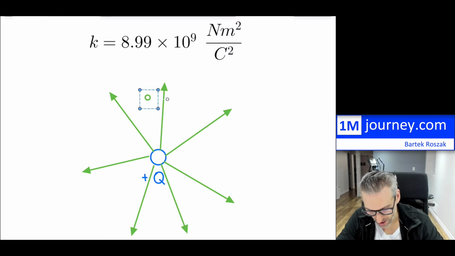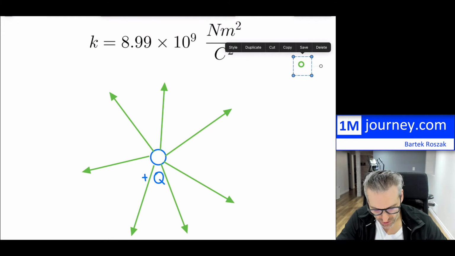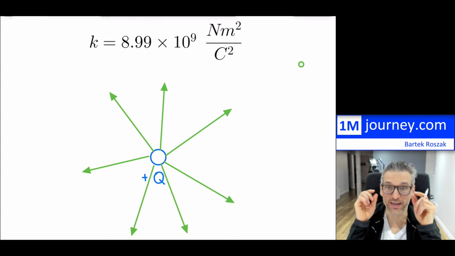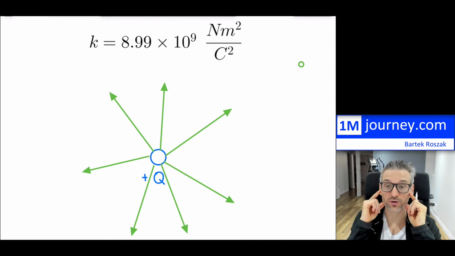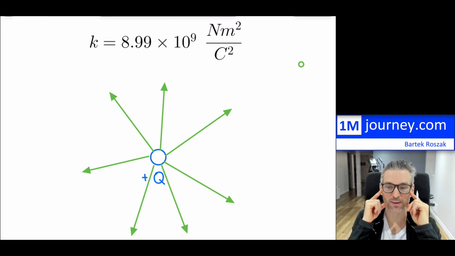So no matter where, it's going to get pushed away radially out. That's what would happen. And so what we're creating are called electric field lines. That is just telling us what would happen to any test charge that we would drop in the vicinity of this positive Q.